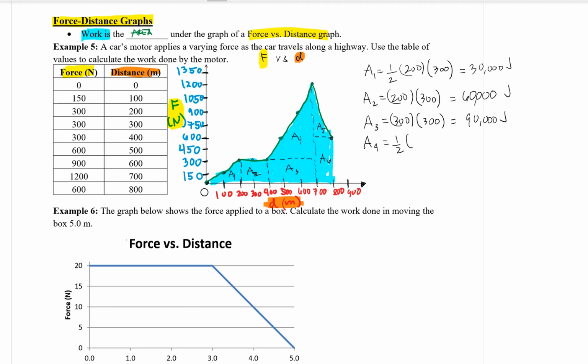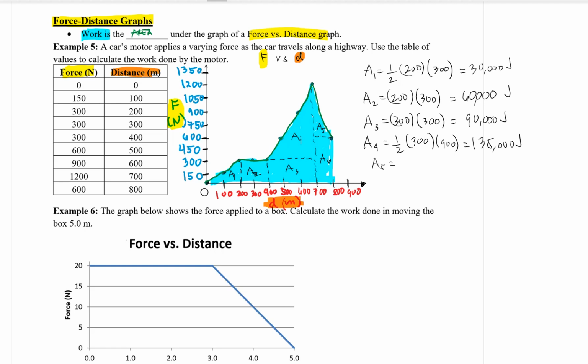So the area is just 1/2 times the base, which is 300, and then the height is 900. So the base is 300, from 400 to 700, and then the height is from 300 to 1200, so that would be 900. So that would be 135,000 joules.